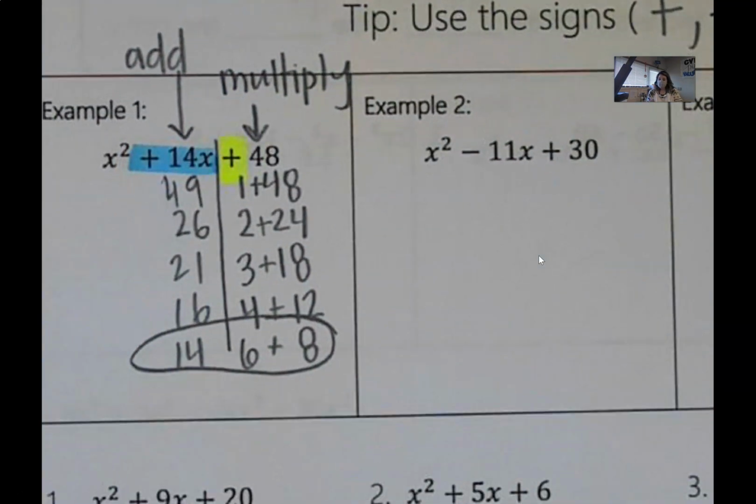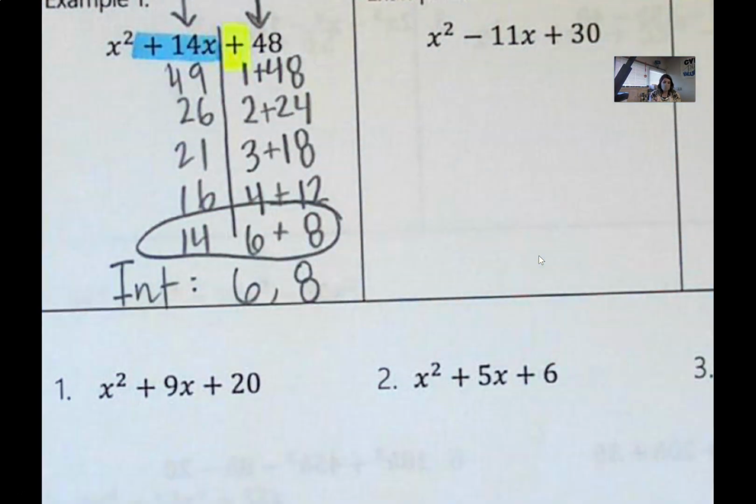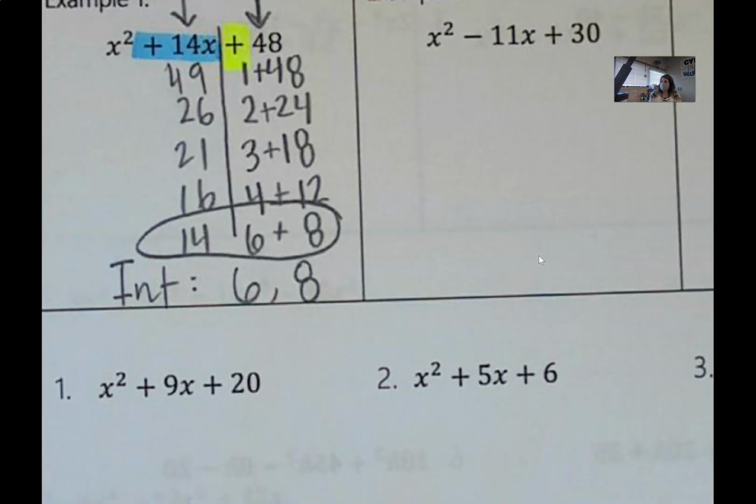So you're going to get questions that say, okay, what two integers multiply to 48 and add to 14? If that were the problem that you got, you would say 6, 8 or 8, 6. The order doesn't matter. So some problems are going to ask you for the two integers.